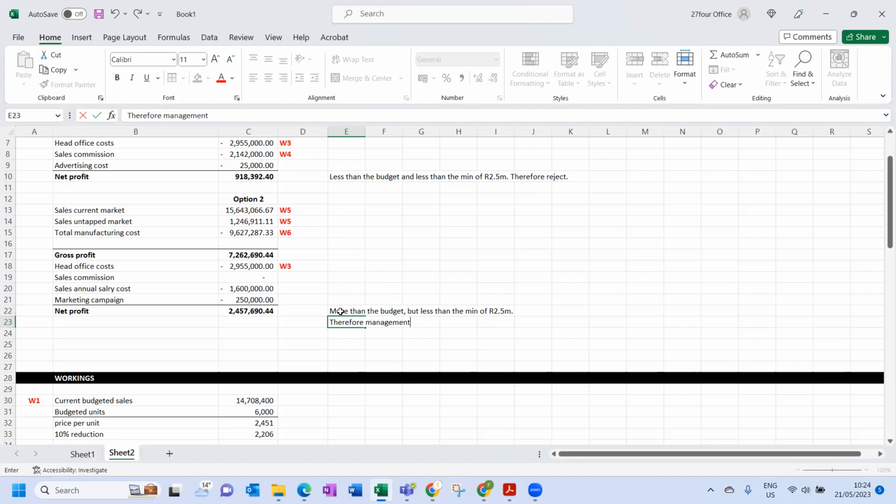Therefore, management may look further into option 2, but option 2 will not meet the minimum of 2.5 million either. So they can look into it, but both don't meet the minimum of 2.5 million. So it beats the current budget, but it's still not the required budget of 2.5 million.